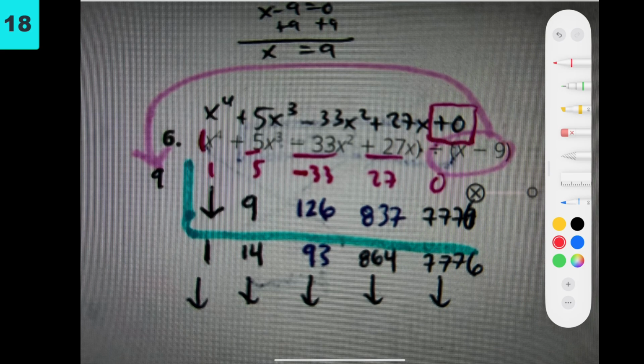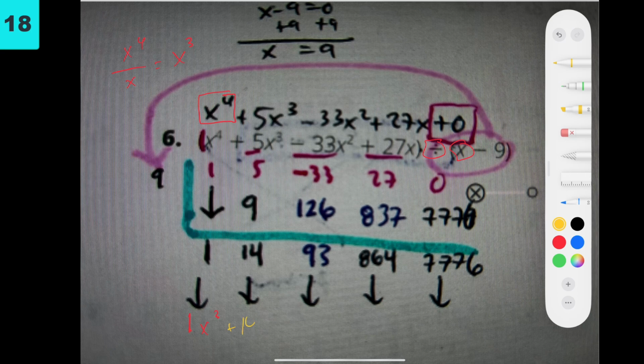Okay, now that we've done our synthetic division, let's figure out what we have. So remember now, I have x to the 4th being divided by x. And what we've done here is we've reduced the power. So now that 1 represents 1x to the 3rd.